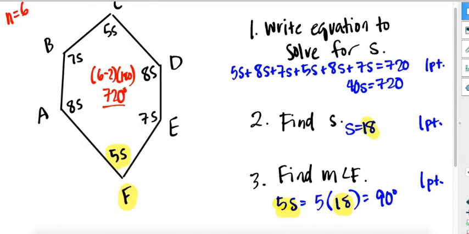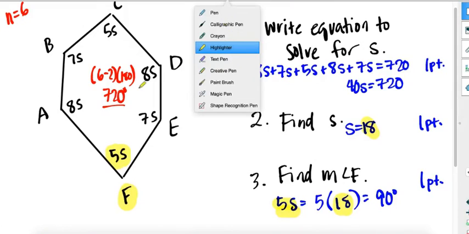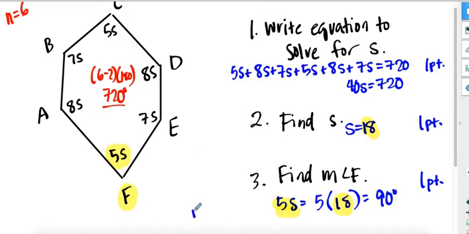And you could also do that if it asked you to find the measure of A. Then you would say that's 8S, and then 8 times 18, and so on. All right, any other questions here?